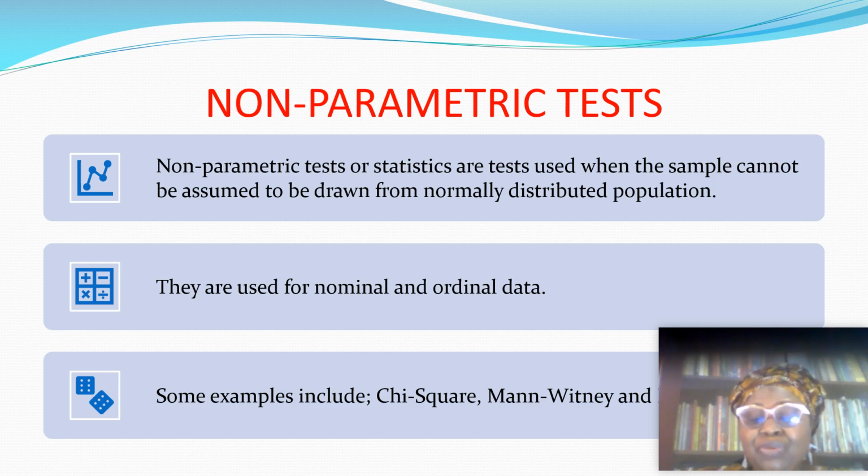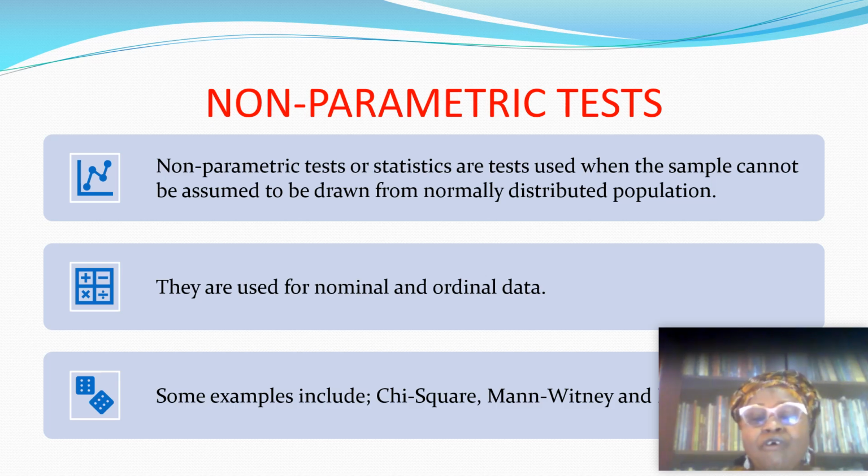normally distributed population. When we say that a population is normally distributed, it means that it can fall into a normal curve. A normal curve is a curve that is symmetrical about the mean. That is, it has the mean at the middle, and if you divide the curve into half, they will resemble themselves exactly.